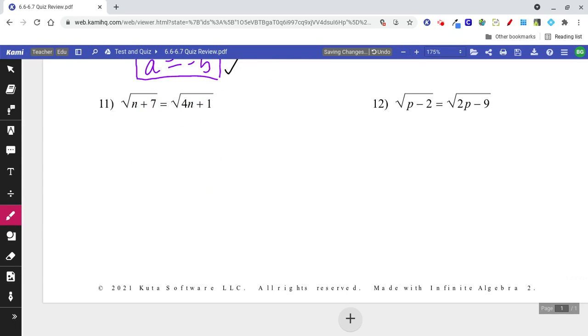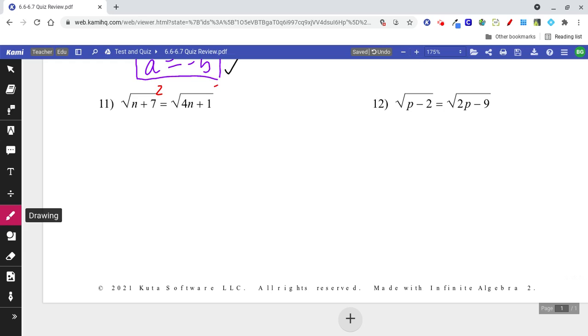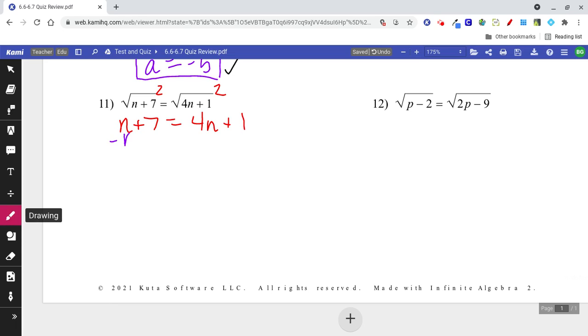Number 11, we're going to square both sides. And normally we want to isolate the radical first, but that's technically already done for us. So let's square both sides. And square root squared cancels out. So n plus 7 equals 4n plus 1. I want to solve this by getting my variables together. Usually what you want to do is knock out your smaller variable first.